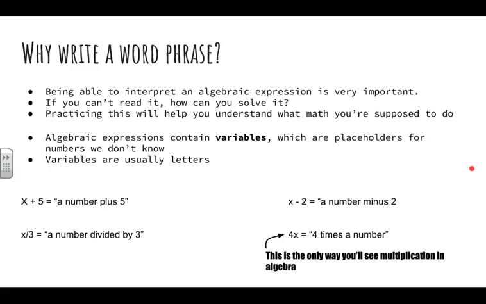Sometimes you'll see it with parentheses, especially if you've got to use the distributive property. But what you're not going to see in algebra is the x as a multiplication symbol. So we won't see 4 times symbol x. It's just 4x. It's just the 4 up to the variable right next to each other, or maybe 4a or 4c, whatever your variable is, whatever your number is, they're going to be right next to each other.